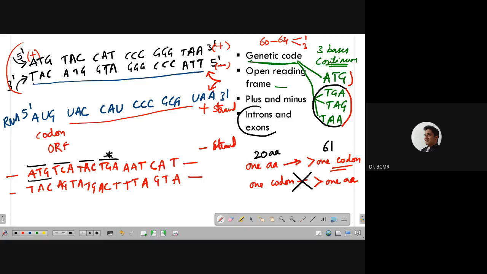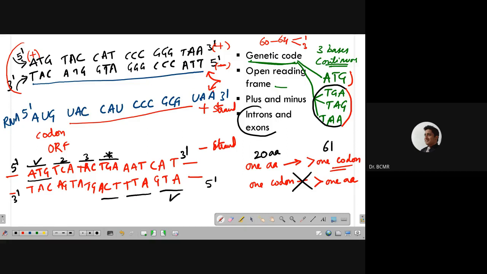That's a different issue. Now we are looking at 5 prime to 3 prime, and you have assumed that you have identified a start codon, ATG, second codon, and then third, and then I just put a stop codon there. Now look at the bottom strand, 5 prime to 3 prime. You saw an ATG, and you have next codons 1, 2.